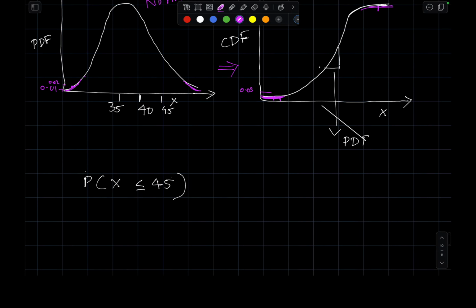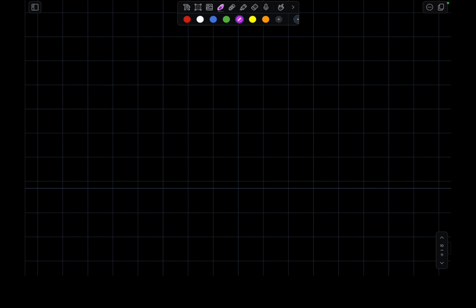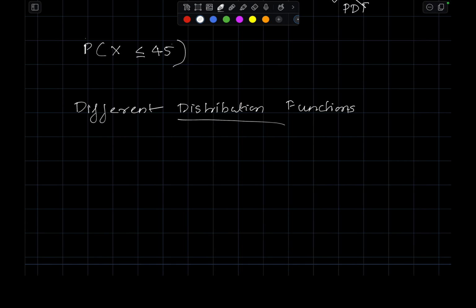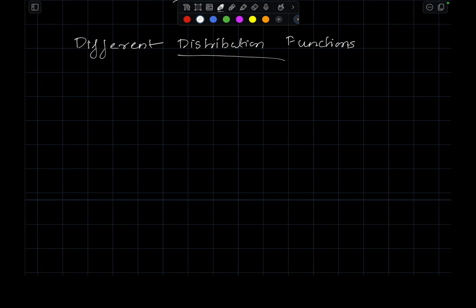Okay, so the next topic which we will be covering today is different types of distribution functions. We'll start with the Bernoulli distribution function.